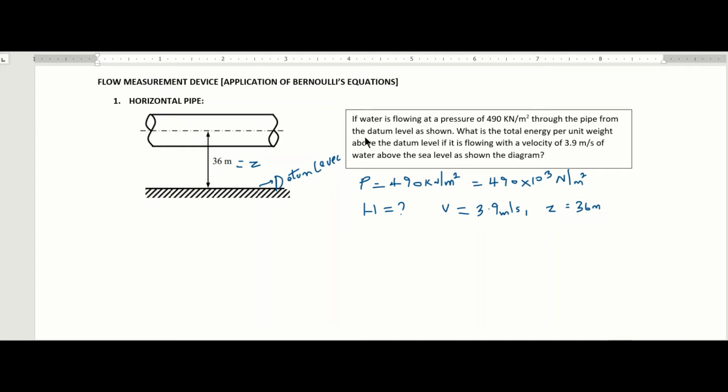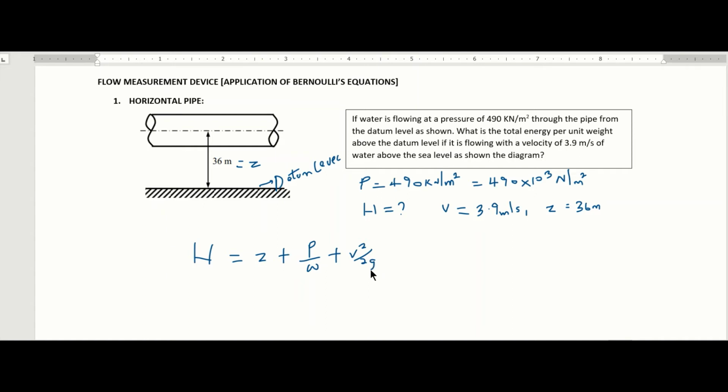So for us to find the total energy per unit weight, we have to use the formula for datum, which says that the total energy is equal to Z plus P, the pressure over the specific weight, plus V squared over 2g.